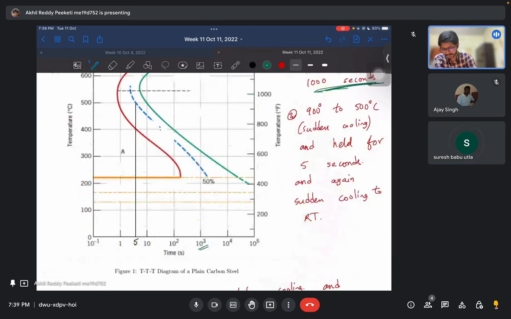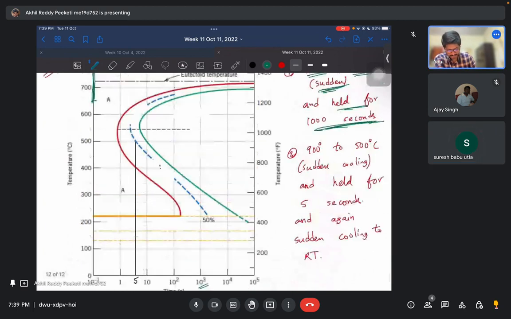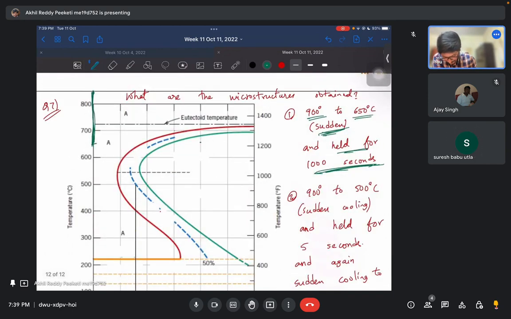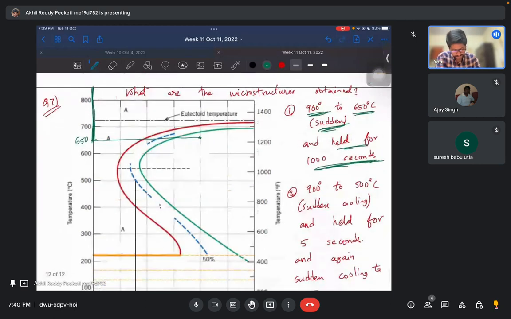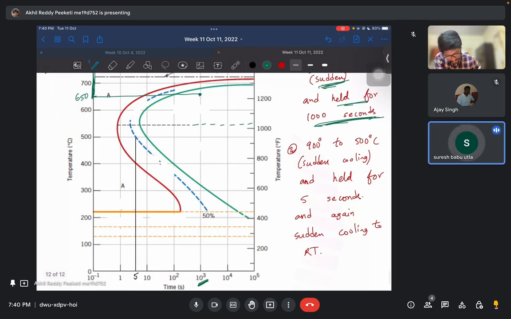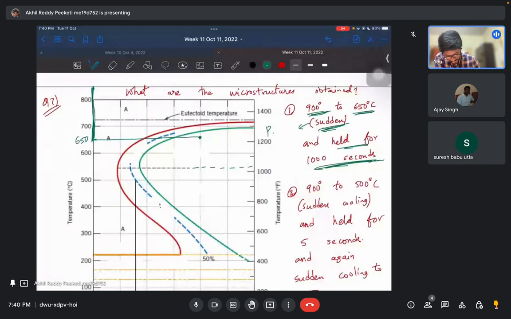It's just a vertical line and then waiting till 1000 seconds. So what will be the microstructure for this? This is above the nose. So this would be 100% pearlite. So case 1 would be pearlite.